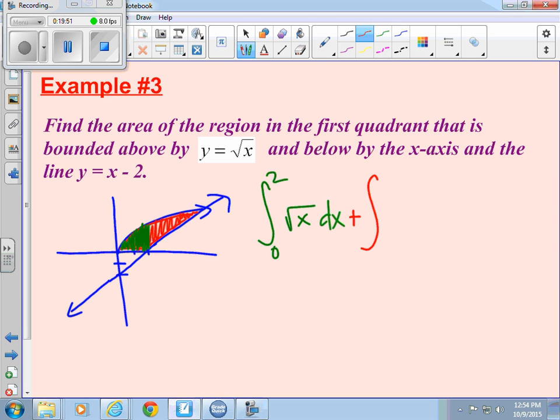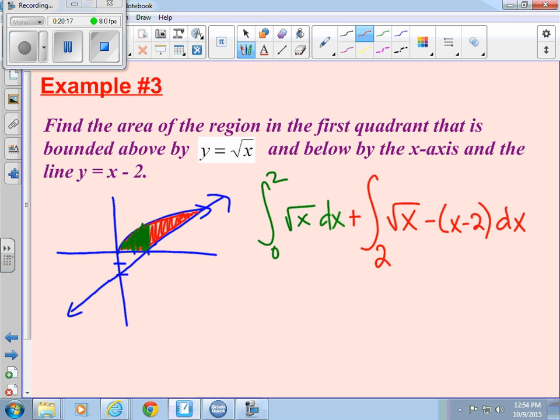Plus, I need the red area, which is the integral from 2 to something. I don't know, we'll have to figure that out, of the square root of x minus 2. Now again, on this particular problem, it wouldn't be a bad idea to find the whole area and subtract the triangle off. But again, we're learning what we would do if we couldn't.